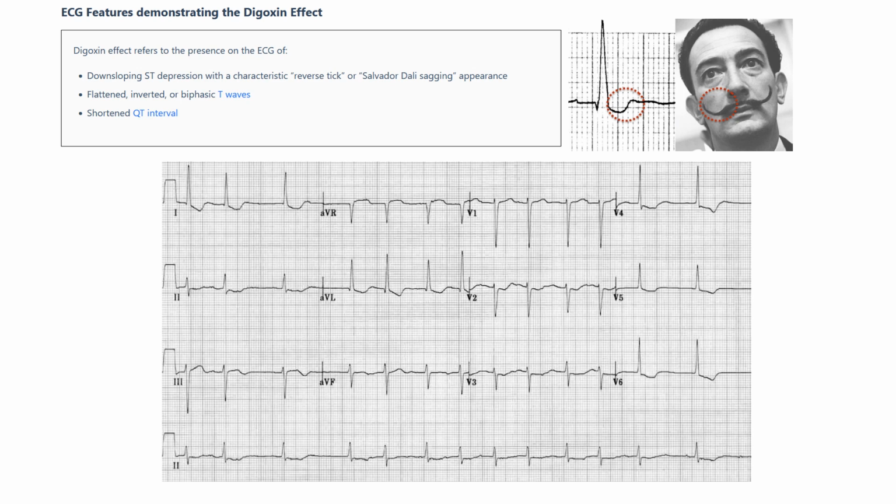This is classical for these Salvador Dali kind of patterns, which is digoxin intoxication. Right? Salvador Dali, but also maybe inverted or biphasic P waves, and shortened QT interval.